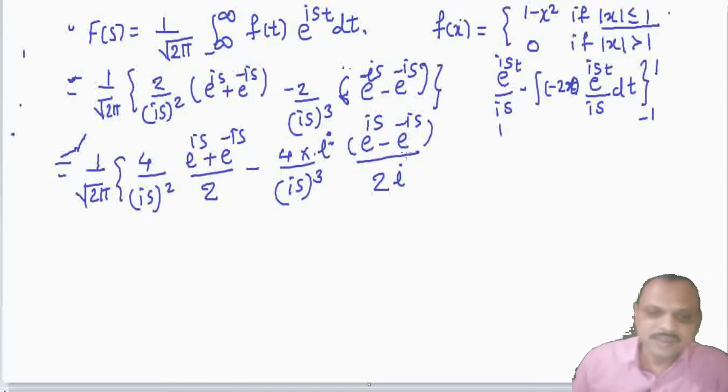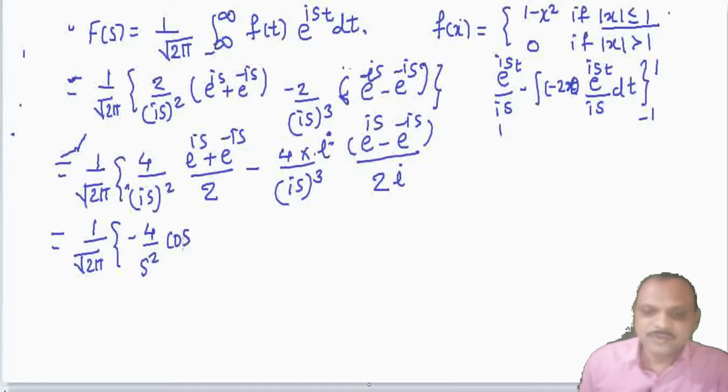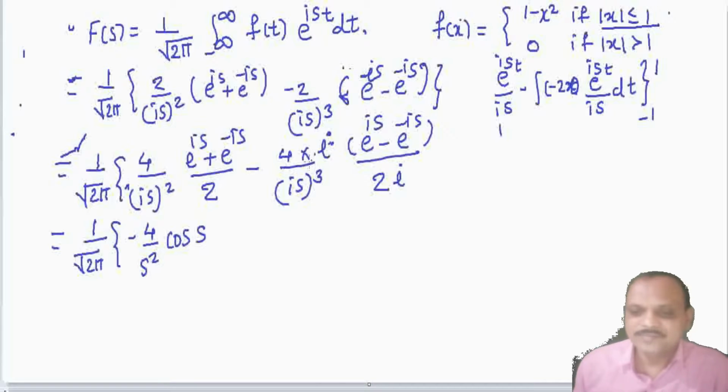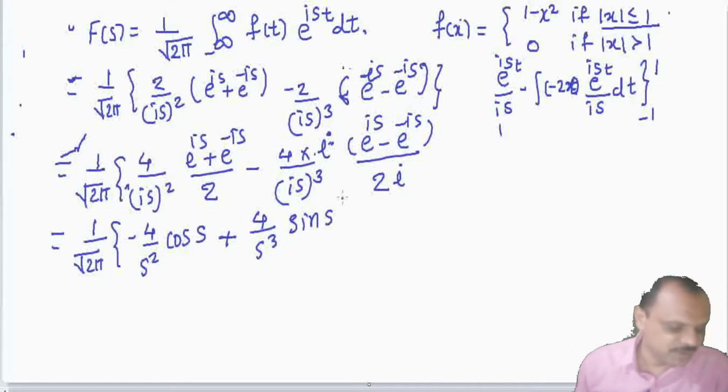So first is the expansion of this. Here you can see this equals 1 divided by under root of 2 pi, and i square is minus 1, so we write it as minus 4 divided by s square into cos of s. Again from this we can cancel the i and we get i square, and i square will be minus 1, so minus minus becomes plus 4 divided by s cube into sine of s.